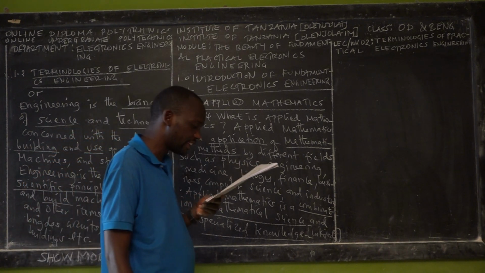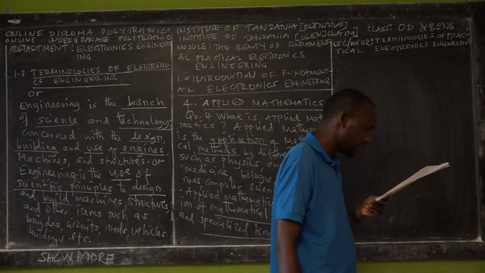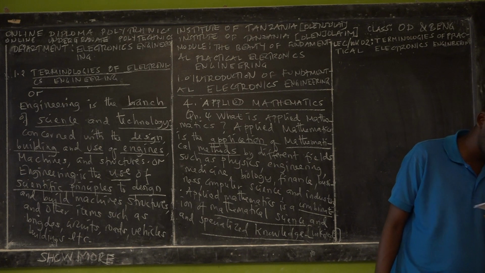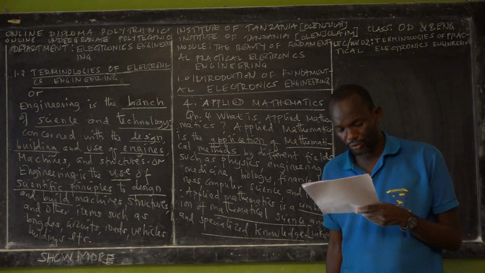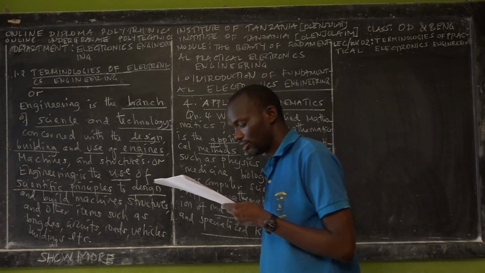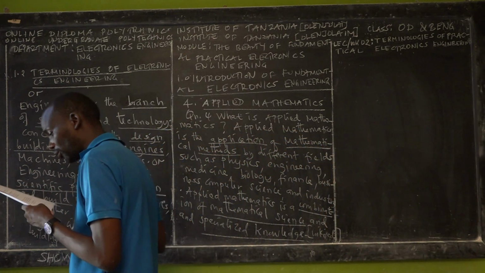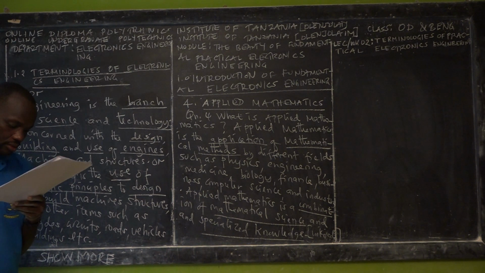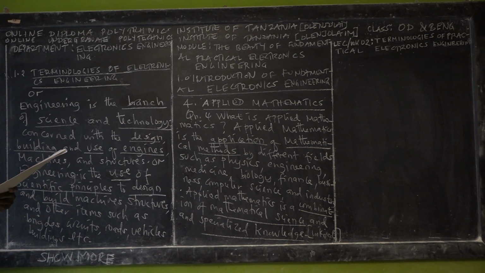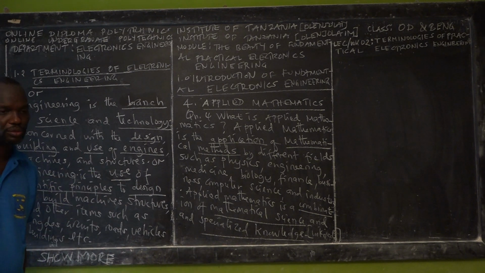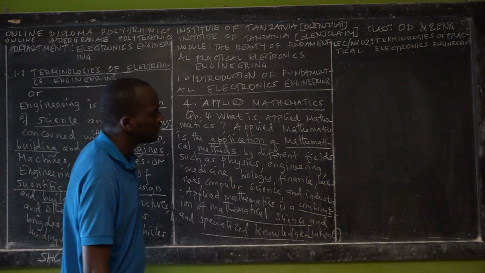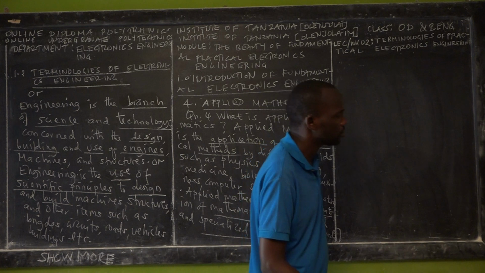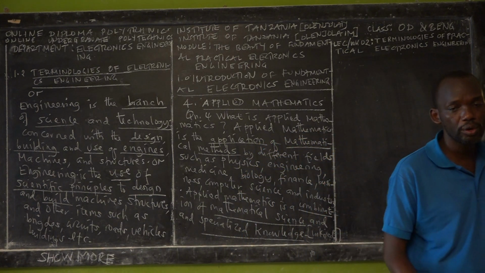Example, science, engineering, and other diverse areas, or the development of new or improved methods to meet the challenges of new problems. So it means that sometimes new methods can be developed to meet a new problem.